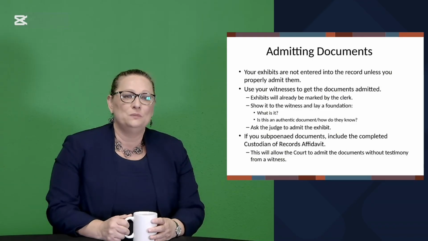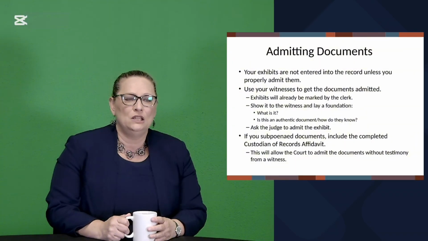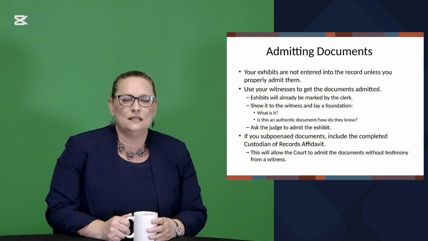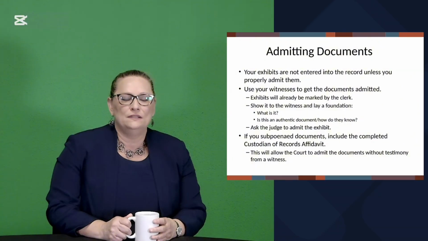If you have subpoenaed documents, you're going to want to make sure that those subpoenaed documents are given back to you with a form. It's called a custodian of records affidavit. These are like bank records, medical records, things like that. If you have the custodian of records affidavit, because they're records that are maintained by some organization, then you don't have to have somebody actually testify that those are the accurate records.